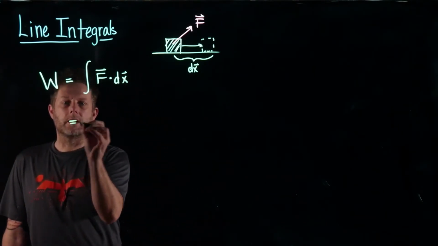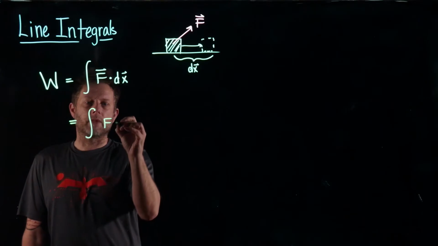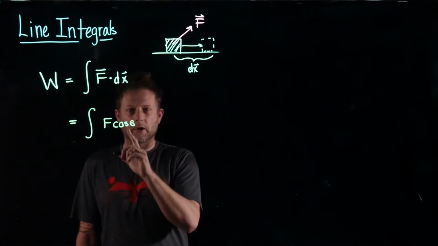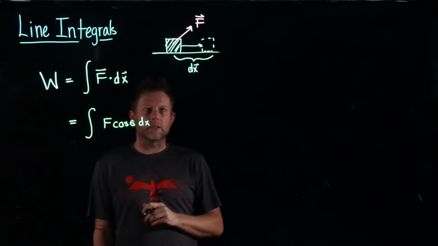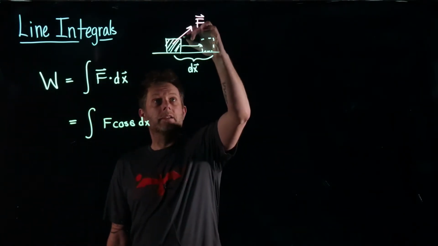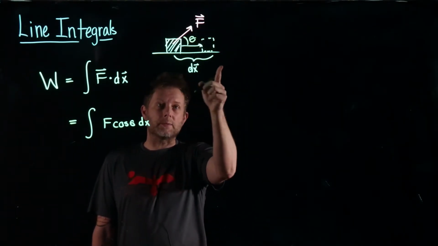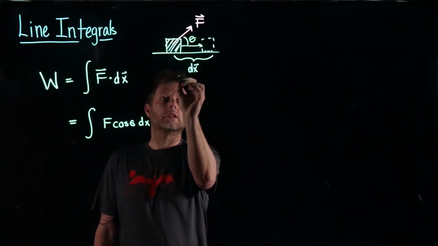So instead, we write the dot product as the magnitude of the force times cosine of the angle, times the magnitude of that infinitesimal displacement, where the angle is the angle between the displacement.